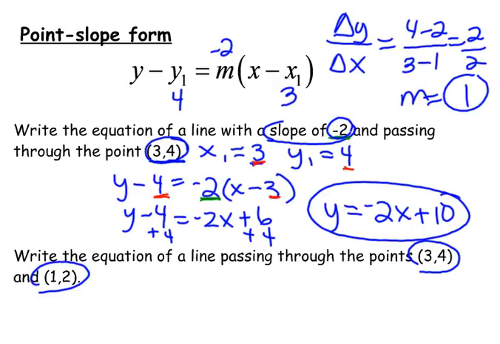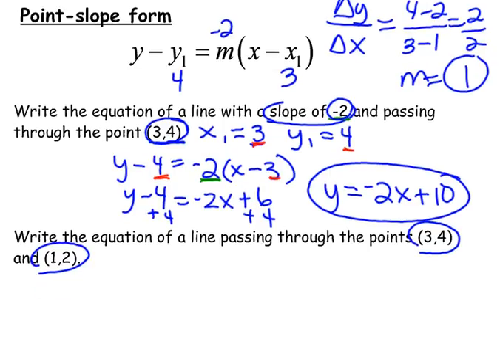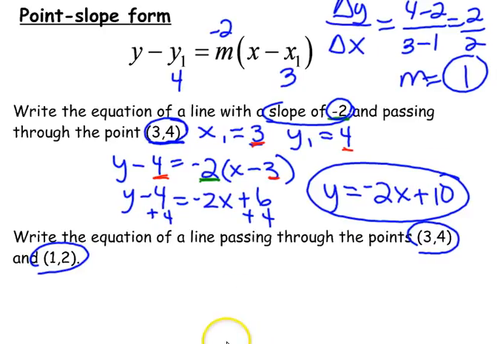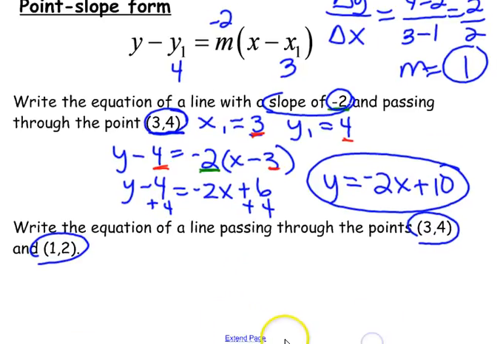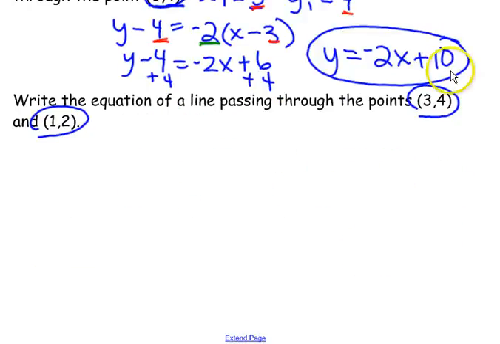Then we're going to fill in using our formula we were given before. Let's give ourselves a little more space here. There we go. So we found our slope was 1 by doing 4 minus 2 over 3 minus 1, 2 over 2, which is 1.